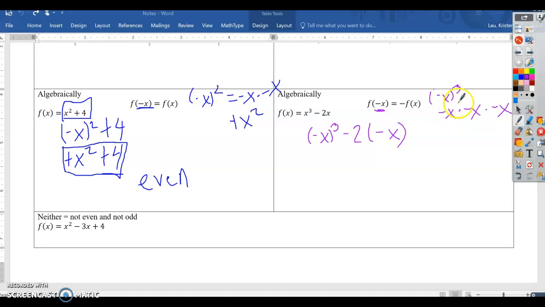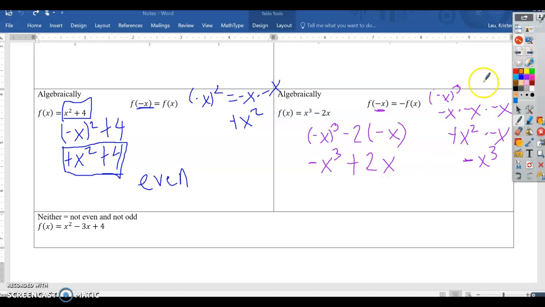I know a negative times a negative makes a positive x squared, but then I'm multiplying it again times a negative number, so that's negative x to the third power. And then right here, I have a negative 2 times a negative x. A negative times a negative makes a positive 2x.